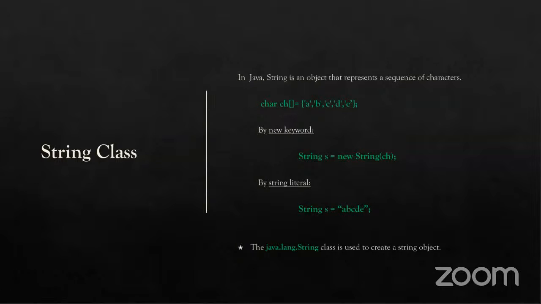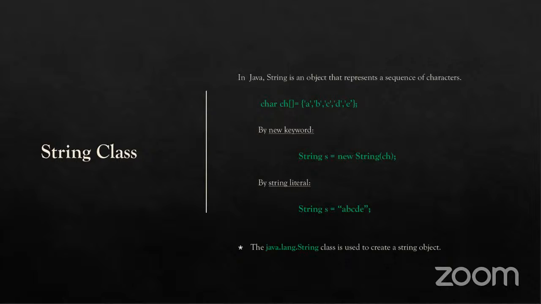When creating using a string literal, without the new keyword, Java stores the string in the string constant pool. It will create a reference called s outside this pool, and it will store the string abcde inside the string constant pool.